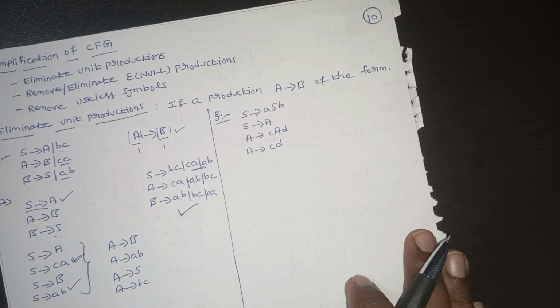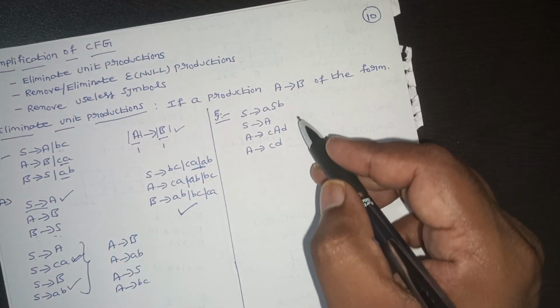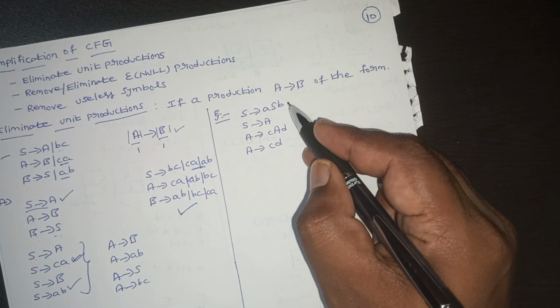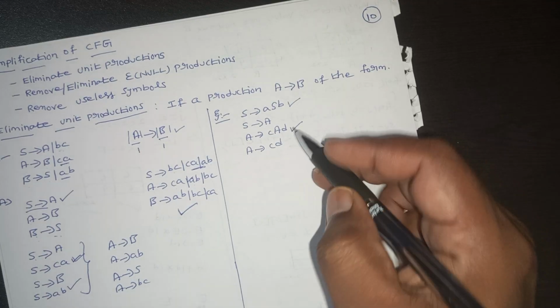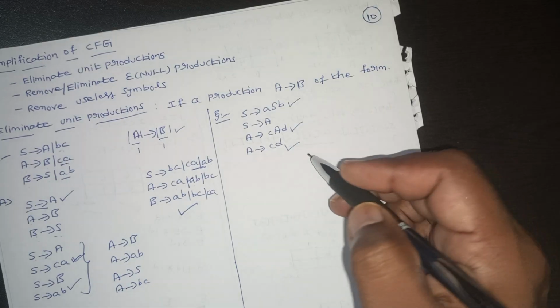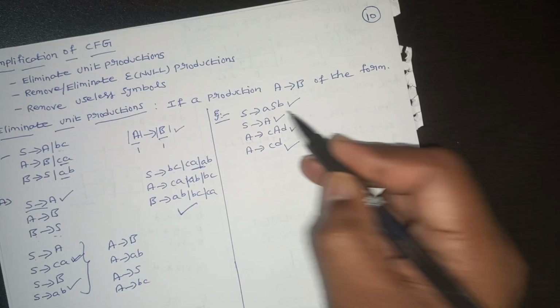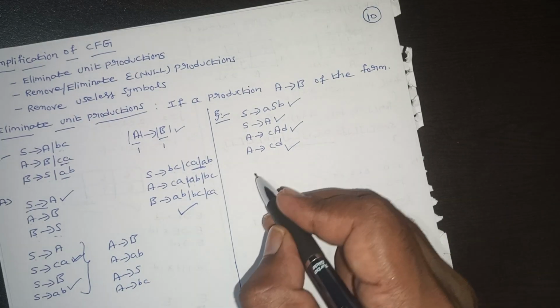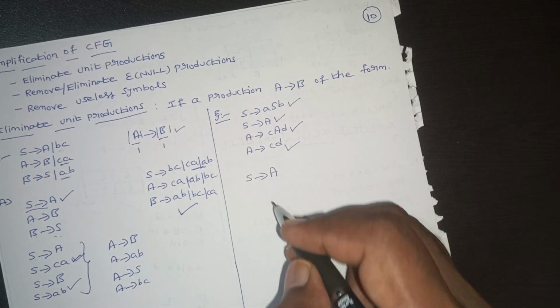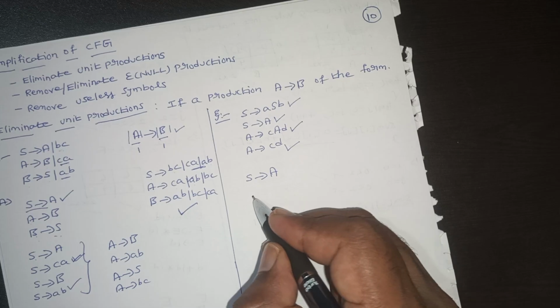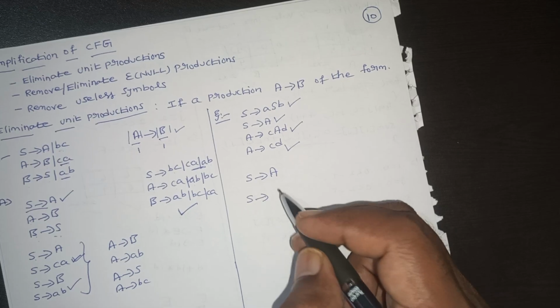Now take one more example. You see here in this grammar, I don't have any unit productions in these. Now here I am having S tends to A. What is A actually? You write all possibilities.